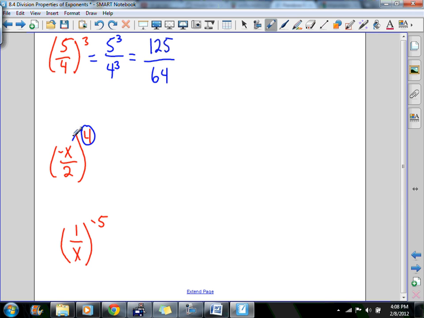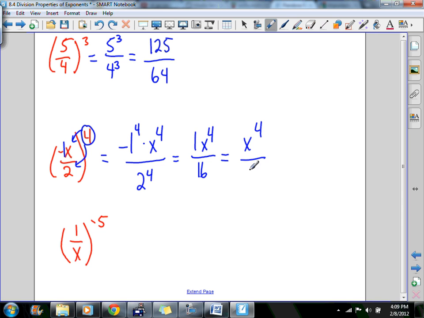This one we have to distribute the 4. So we get negative 1 to the 4th, because that's a negative 1, times x to the 4th, all over 2 to the 4th, which gives us 1 x to the 4th, all over 16, which is the same thing as x to the 4th over 16.